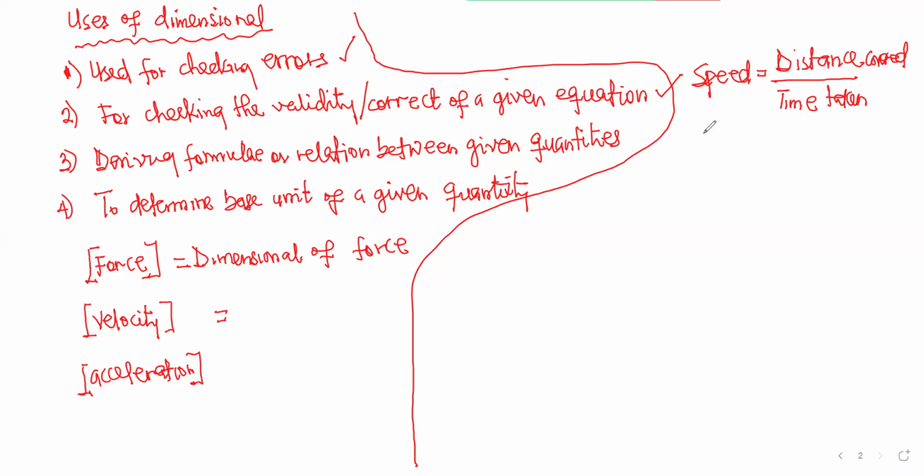So Usain Bolt was said to be the fastest man on earth. Why? Because Usain Bolt could cover 100 meters within about 9.6 seconds.